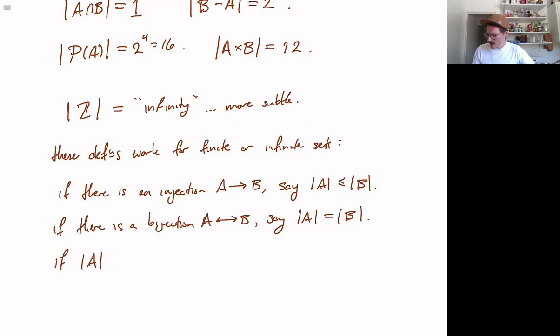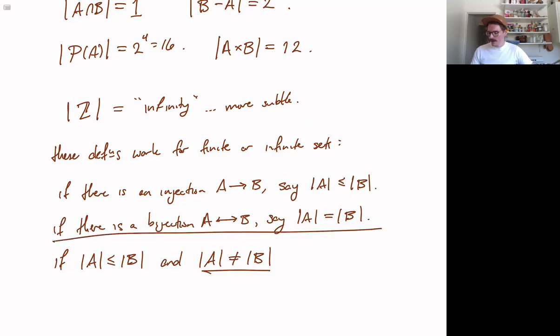If you have an injection, which is to say that the cardinality of A is less than or equal to the cardinality of B, and you have no bijection, let's do some more practice negating quantifiers. This statement is saying that there exists a bijection from A to B. So what's the negation?